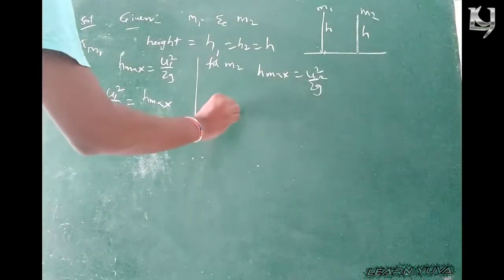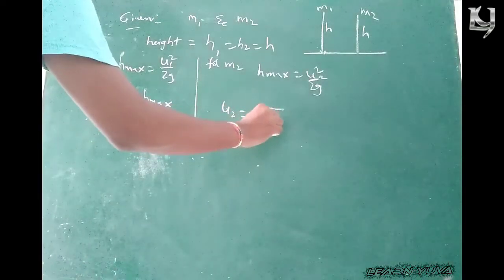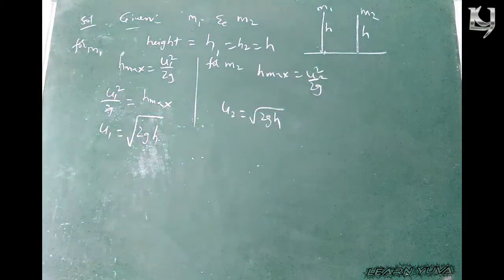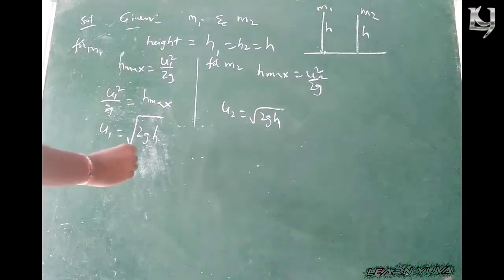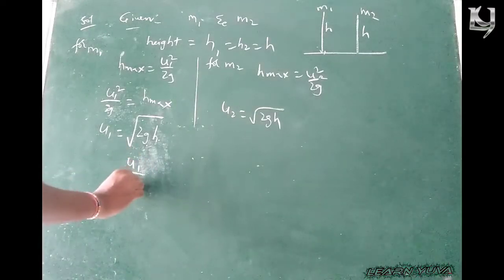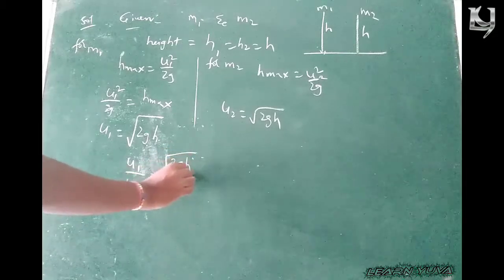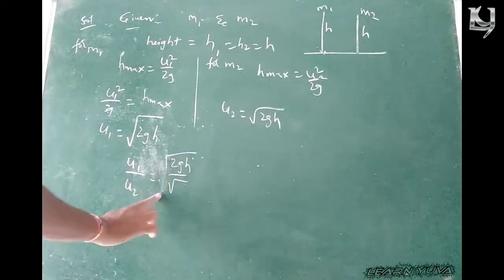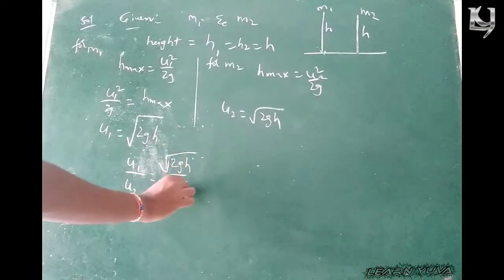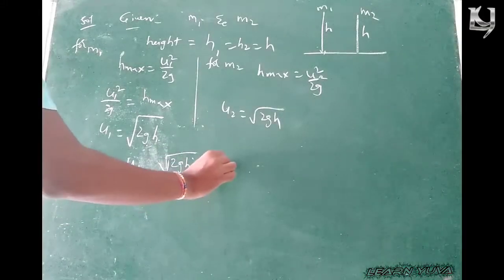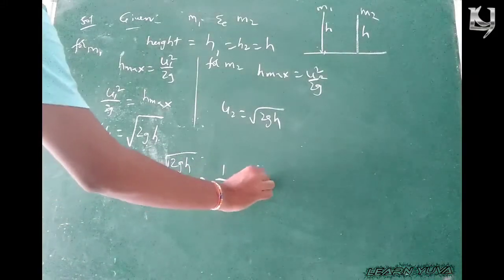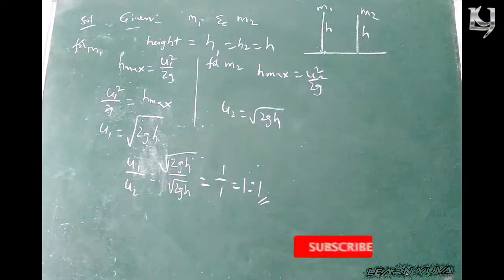So here also u2 is equal to square root of 2gh. Here the velocities are the same. So u1 by u2 is equal to square root of 2gh by square root of 2gh. So both will get cancelled and 1 by 1, that is 1 is to 1. The velocities are the same.